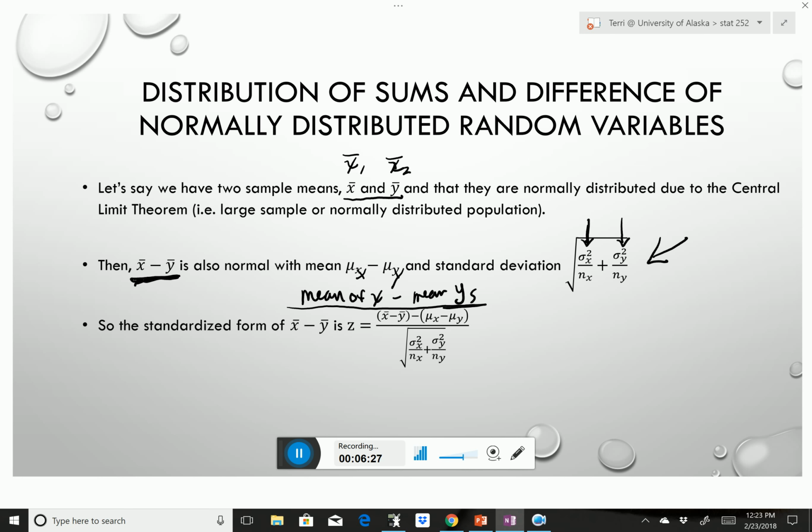Because now you've got the variability of not just X, but now you have the X bar, but now you have the variability of Y bar. So that's why we have to add them together instead of subtract them. So the standardized form of X bar minus Y bar is Z equals X bar minus Y bar minus the difference in the mu's, because remember, we have our X minus mu over sigma.